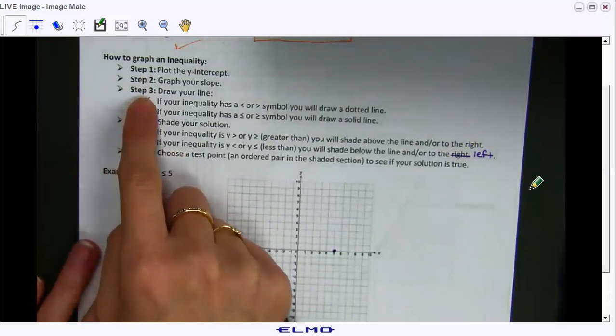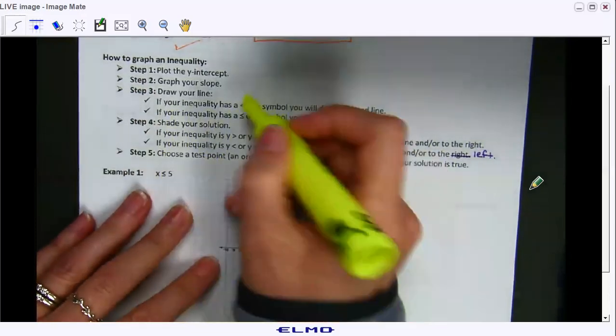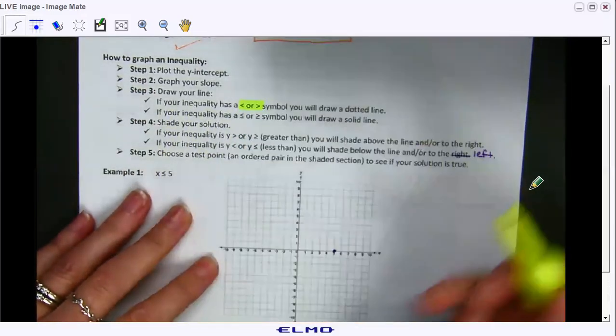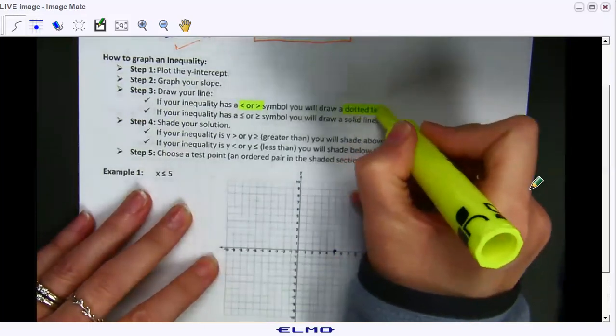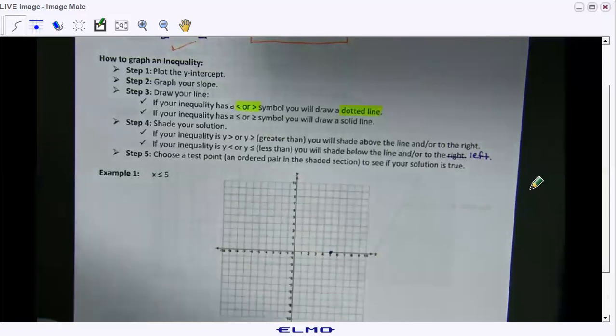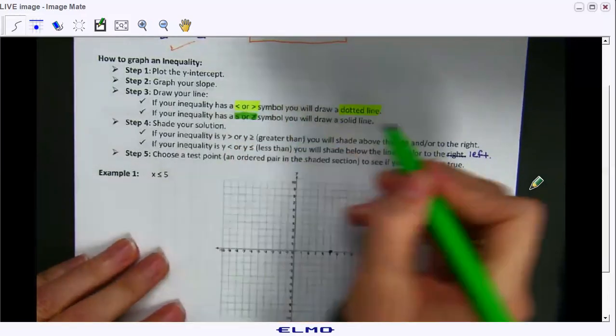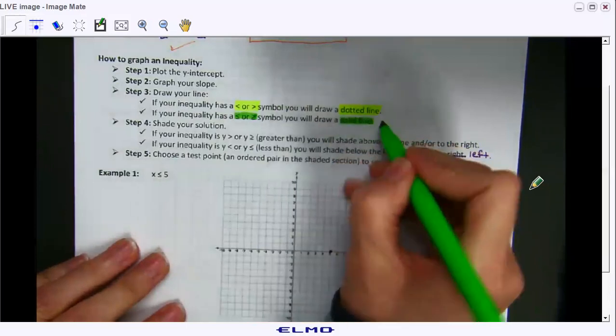And when we're dealing with inequalities, our lines are not always just straight solid lines. It depends on what the inequality looks like. So if you look at the explanation here, if your inequality is less than or greater than, then you are going to draw a dotted line. If your inequality is less than or equal to or greater than or equal to, you will draw a solid line.